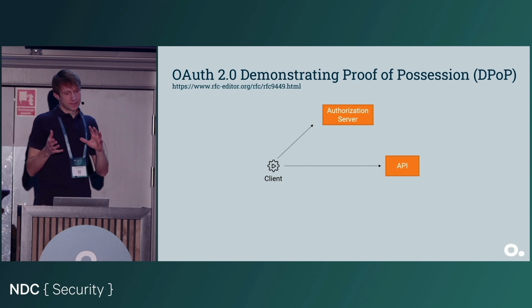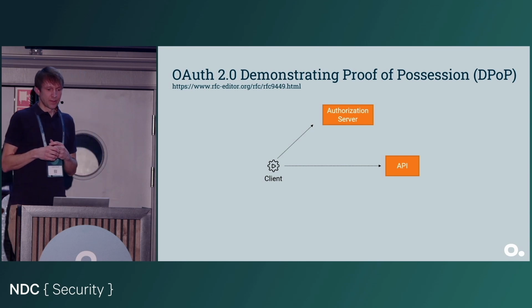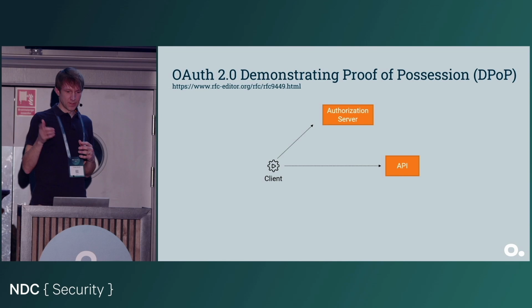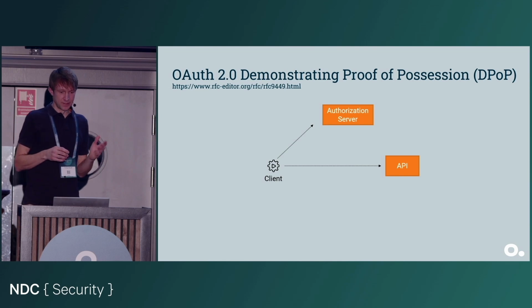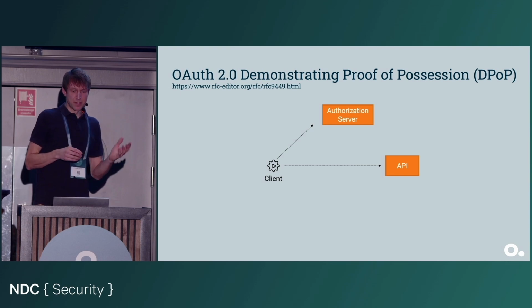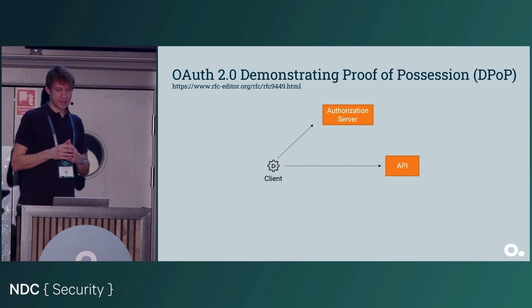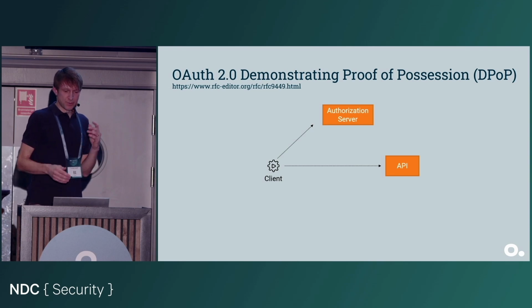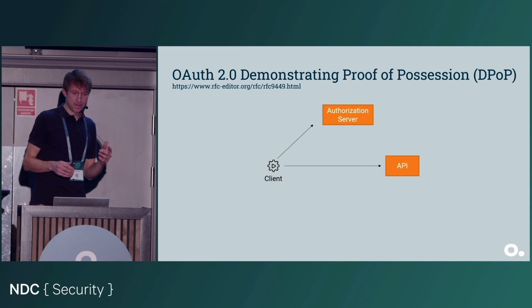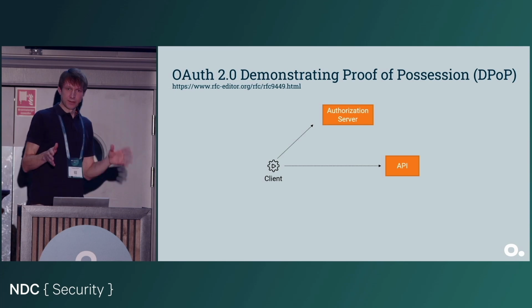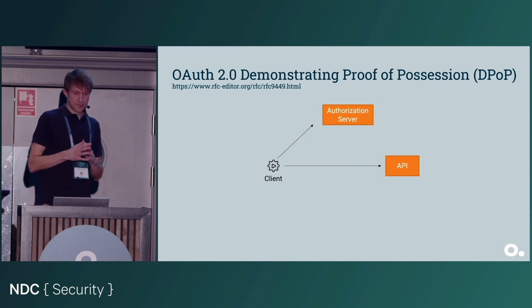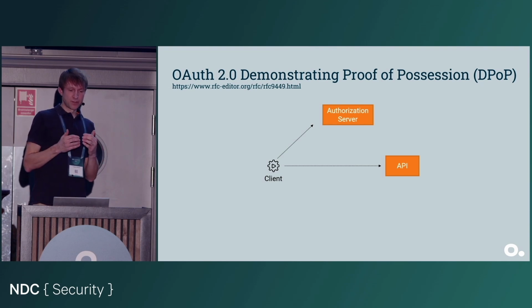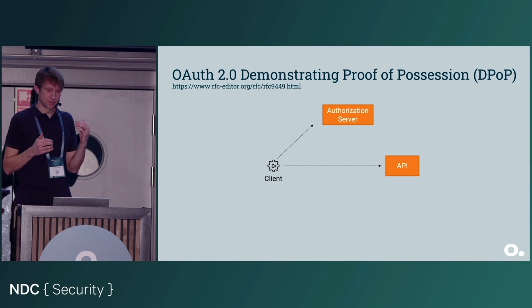And this is kind of new, and there are products like IdentityServer and some other solutions that have started implementing this, but maybe it will be more standard in more products in a year or so. It's called demonstrating proof of possession, and it's still client credentials. So the request flow is the same, and it's similar to the mutual TLS that we just saw.